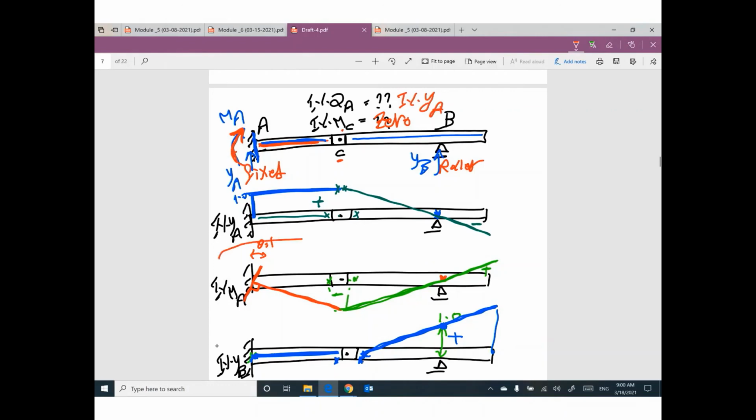So this diagram, which is influence line for YA, will be influence line for shear at A also. So during the exam, probably I will ask you about shear or moment at edge support or pin connection respectively.